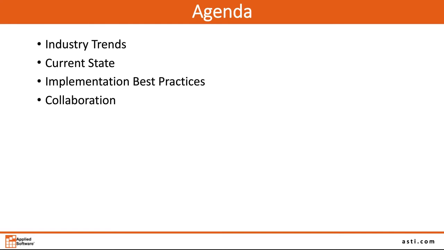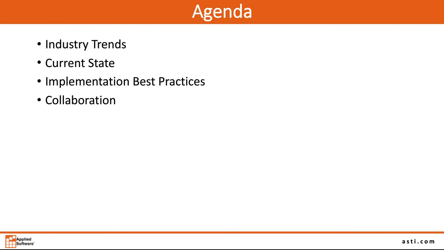And then we're going to look at the current state of BIM adoption in the United States and see where things are, and a little bit of a history. And then we'll focus on implementation best practices, so that if you're getting ready to implement BIM or thinking about implementing BIM, there are some things that you need to include in your plan. And then we'll finally wrap up the session with a discussion on collaboration and the benefits of collaboration and the impact of collaboration on the whole BIM process.